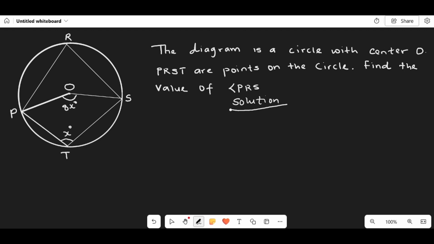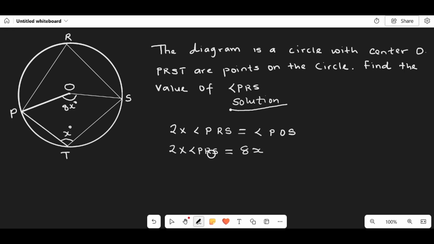So mathematically, we can say that 2 multiplied by angle PRS equals angle POS. And our angle POS is 8x degrees. So let us substitute it into this equation. 2 multiplied by angle PRS equals 8x.